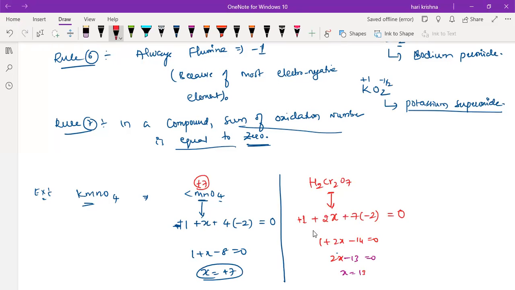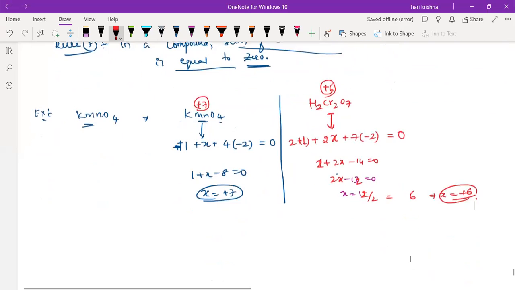H2Cr2O7, 2 hydrogens we have to take here. So 2, 14, 12. 12 by 2 equal to 6. That means x equal to +6. So chromium will show an oxidation state of +6. Clear? Yes, sir.